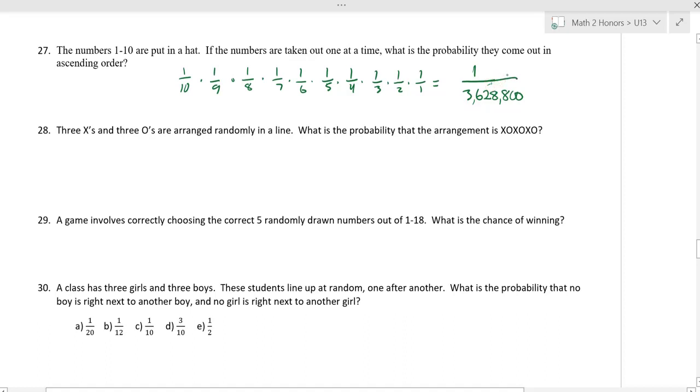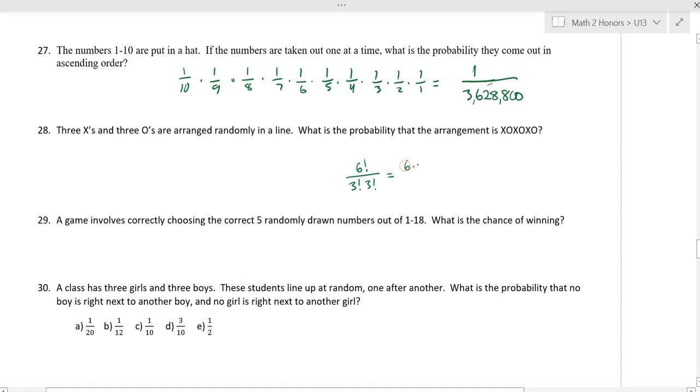28. 3 X's and O's are arranged randomly in a line. What's the probability that we get this particular arrangement? So if we think about, well, how many different words are possible with 3 X's and 3 O's? Well, we know there's 6 factorial over, and I got 3 repeats for X's, 3 repeats for O's.